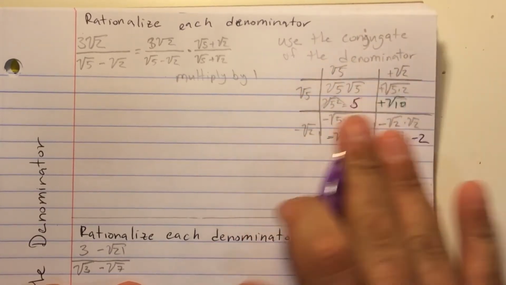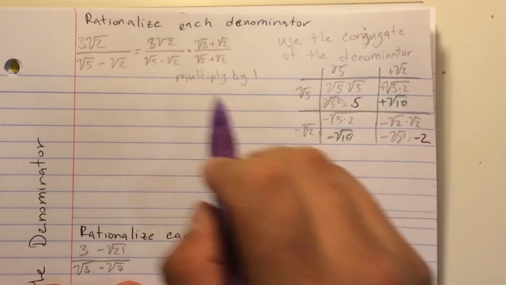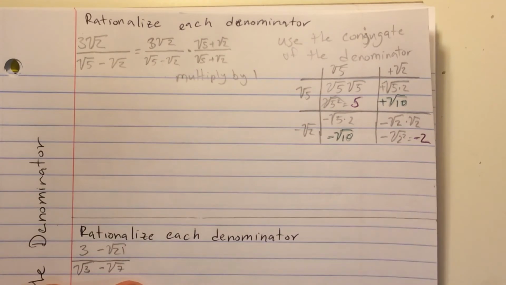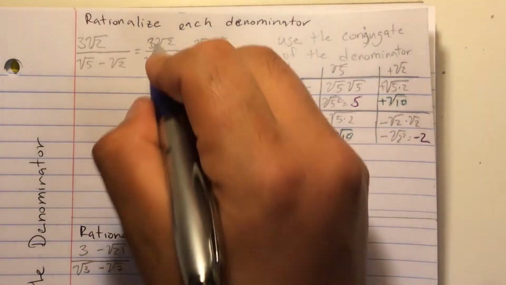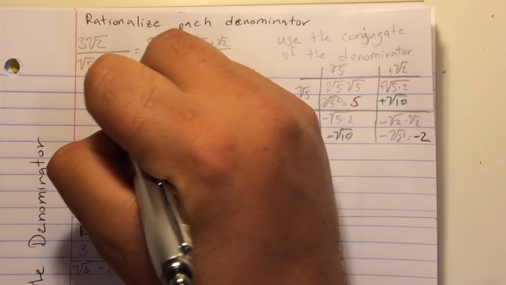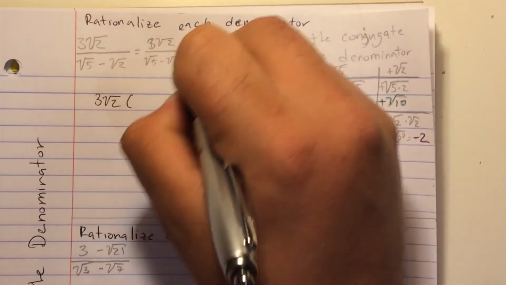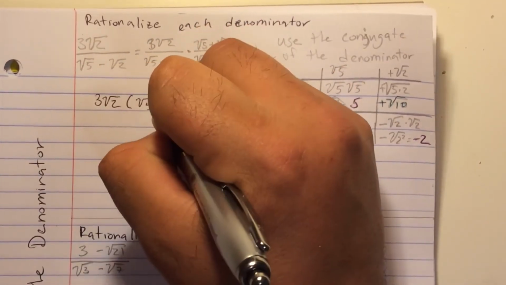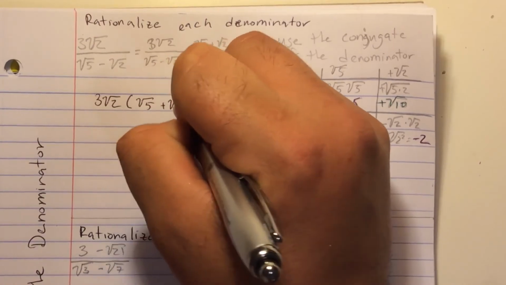But this is the denominator. We still have our numerator, so I'm going to write the numerator in different colors so you can see. The numerator is 3 radical 2 times radical 5 plus radical 2.